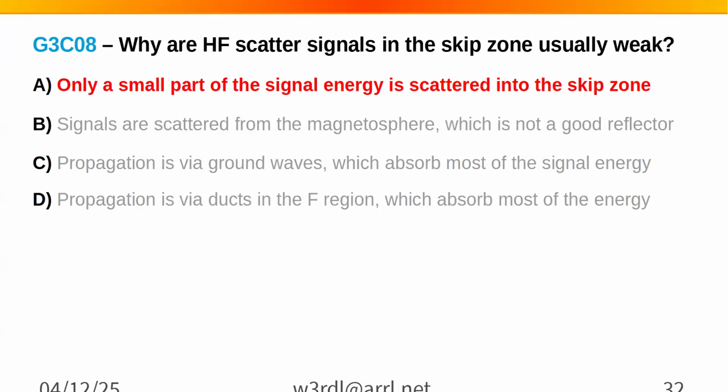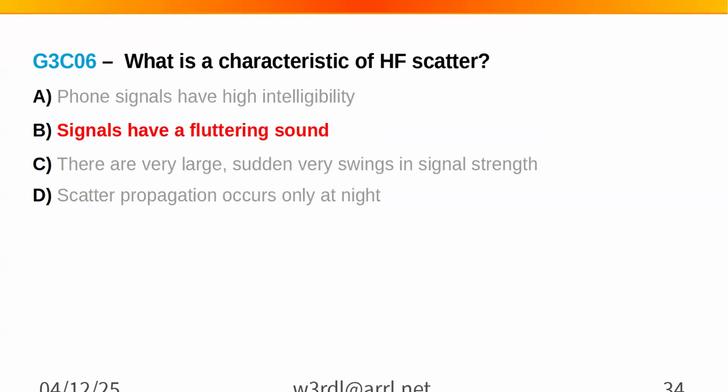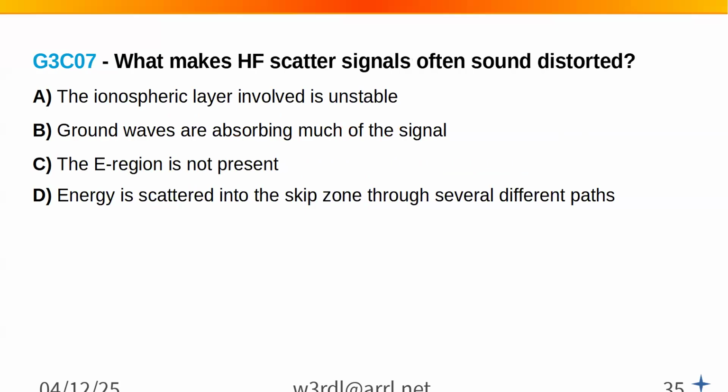What's the characteristic of HF scatter? Fluttery. What makes HF scatter signals often sound distorted?